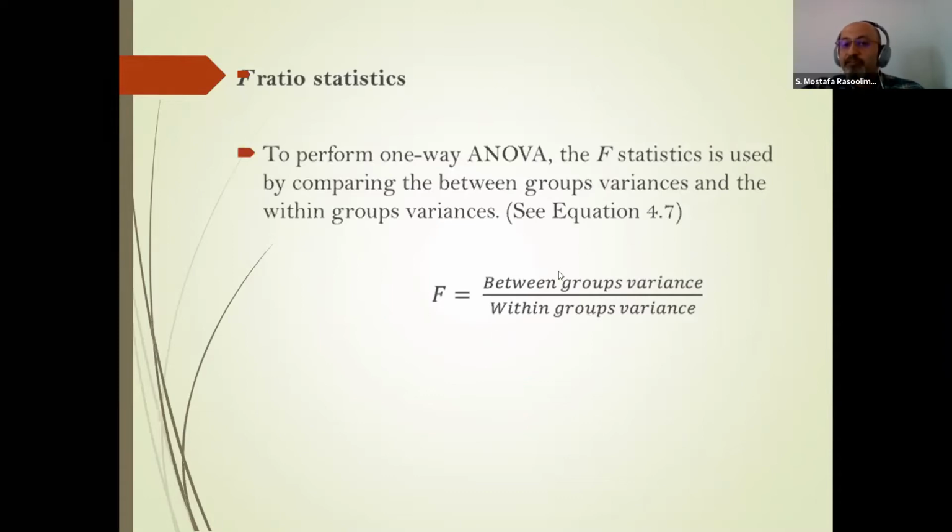We calculate variance between groups and within groups. The variation between groups should be higher than the variance within groups. Based on this, we can assess our hypothesis based on the value of F.